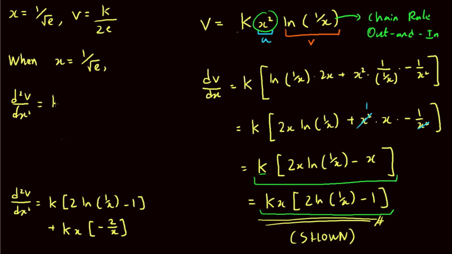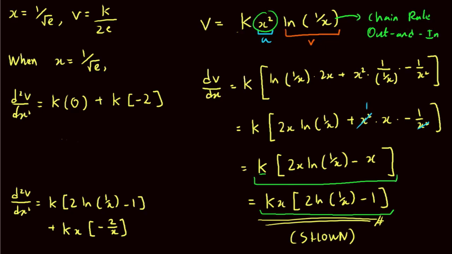You'll just simply have k times 2 ln 1 over x minus 1, where 1 over x is just root e, with k times 0, plus you have k times negative 2.